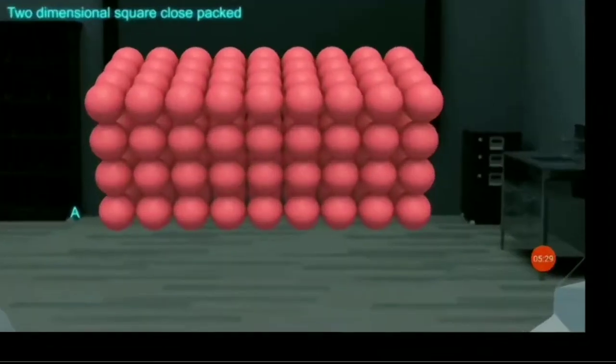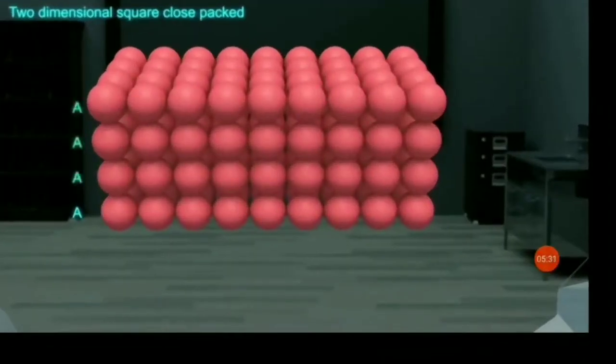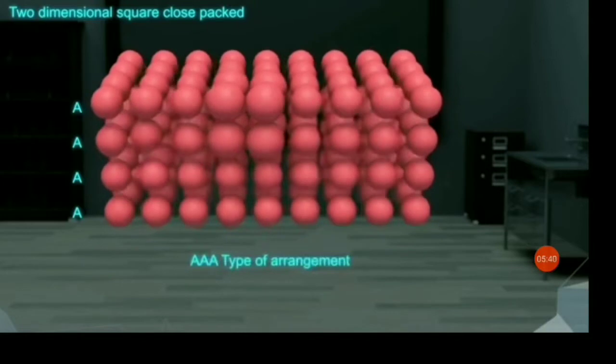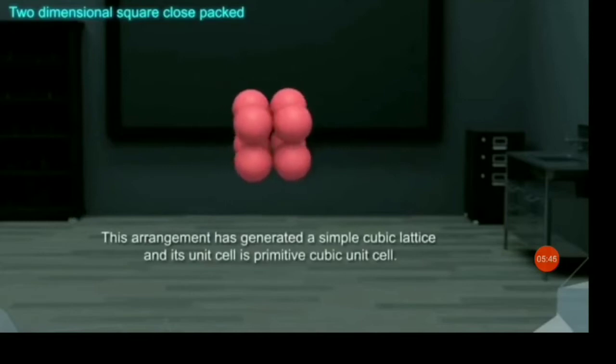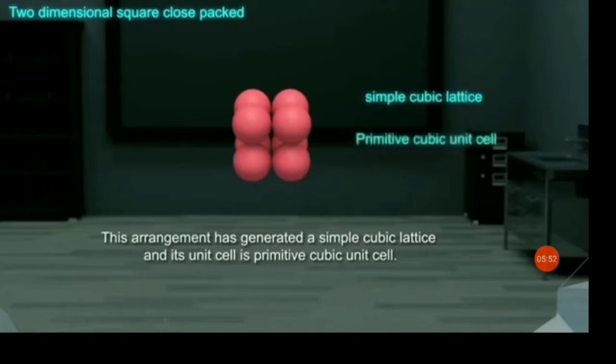Then we get all layers similar, hence this type of packing is known as AAA type of packing. The lattice thus generated is the simple cubic lattice and its unit cell is the primitive cubic unit cell. So this is the three-dimensional close packing from two-dimensional square close packed layers.